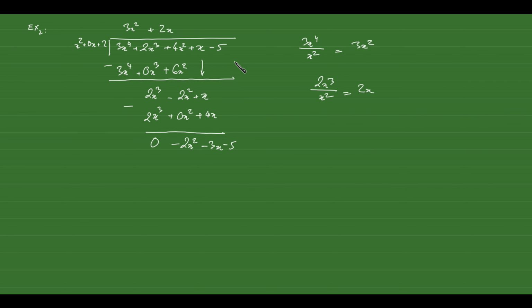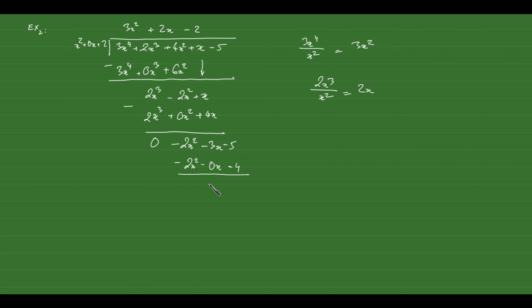x squared divided by negative 2 gives you negative 2. Negative 2 times x squared, negative 2x squared, minus 2 minus 0x minus 4.